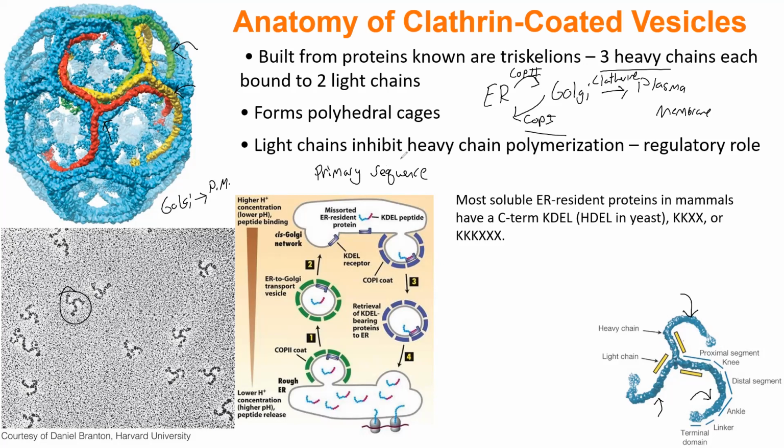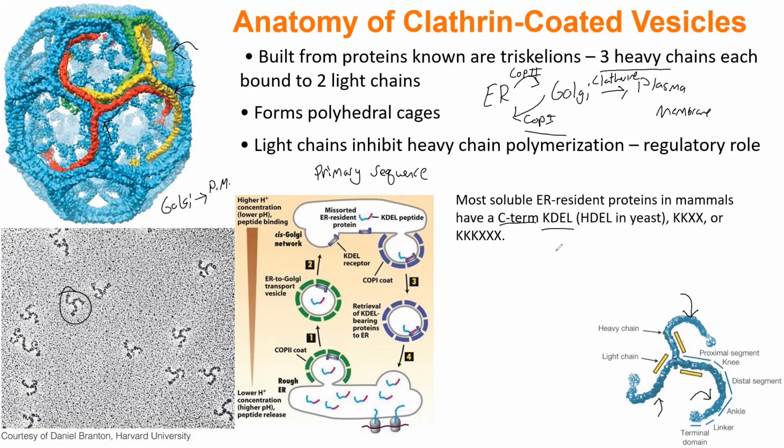is how the cell can determine which proteins belong in the ER and which ones don't. And so in mammals, our ER resident proteins have a specific sequence on the C terminus end, and it's called the KDEL sequence. If you're a yeast, it would actually be HDEL. But KDEL stands for the 4 amino acids: lysine, aspartic acid, glutamic acid, leucine. So these are our 1-letter codes.